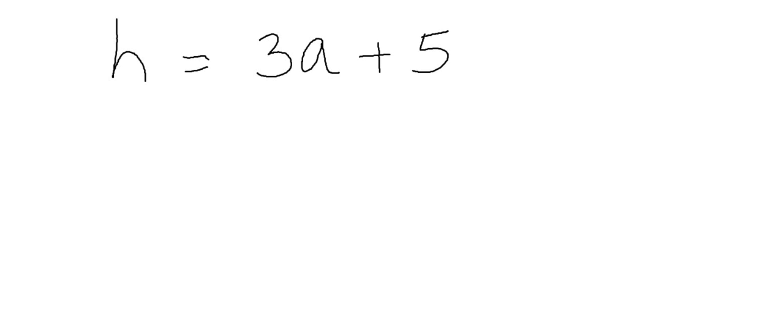Alright, so let's look at a linear function that could be on the SAT in different forms. You could have a linear function as h equals 3a plus 5, right? And the question could say h represents the height in centimeters and a represents the age.